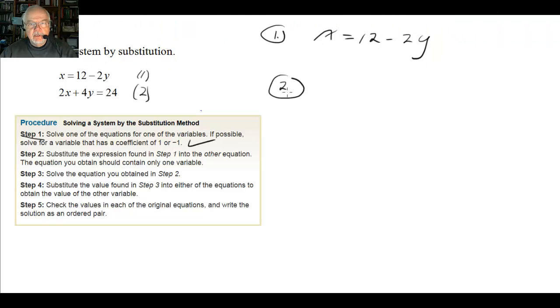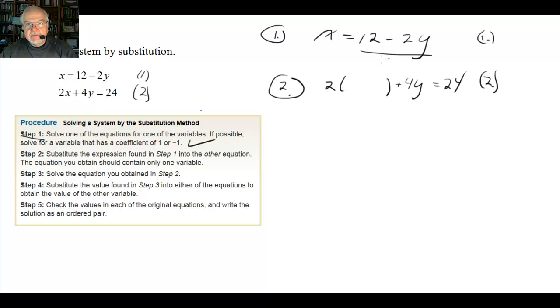Step number 2, substitute the expression found in step number 1 into the other equation. Well, this was equation 1, so the other equation must be equation 2, which is 2x plus 4y equals 24. All right, we're going to substitute for x, so let's make some room here.